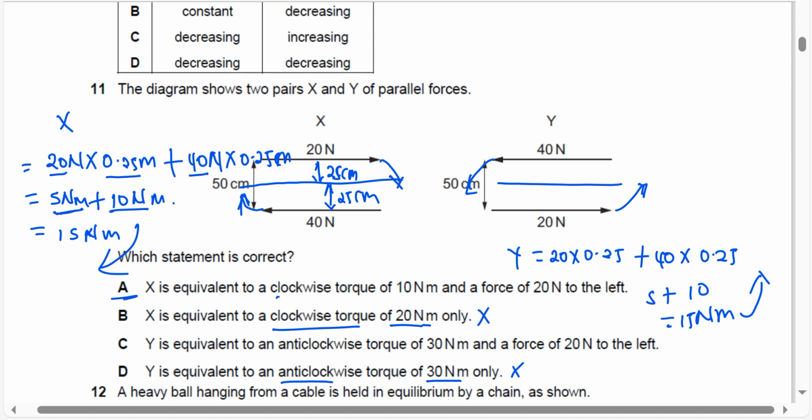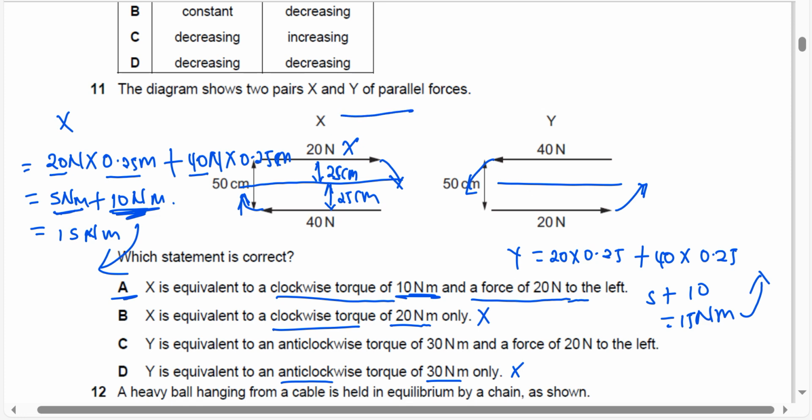But then let's check A. X is equivalent to a clockwise torque of 10 Newton meters. We see 10 Newton meters was clockwise, and a force of 20 newtons to the left. What does a force of 20 newtons to the left do? It will actually cancel out the 20 newtons.